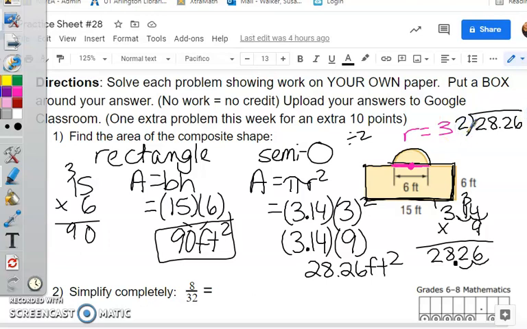Okay. This won't move. 2 into 2. I'm going to do this with you because 2's are easy. 1, 2, bring down the 8. 2 into 8 goes 4 times. 4 times 2, 8, 0. Pull down the 2. 2 into 2, 1.